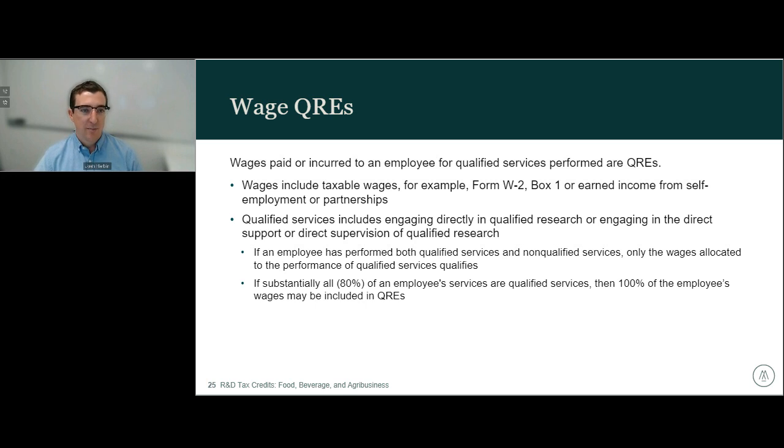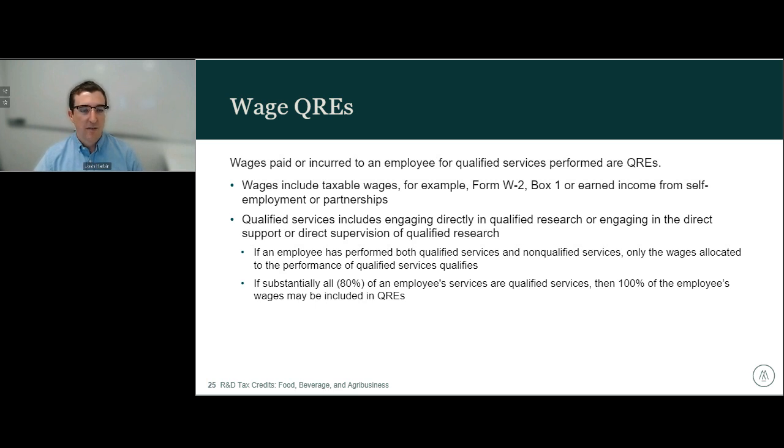However, there is an extra benefit for those employees that meet what's called a substantially all requirement, meaning at least 80%. If an employee is substantially all, then at least 80% of their services are qualified services. We can include 100% of the employee's wages, not just the direct percentage.